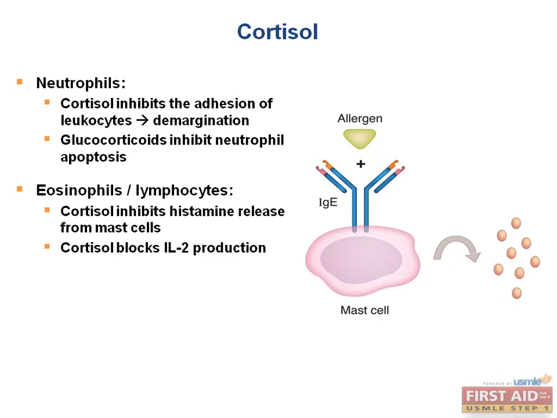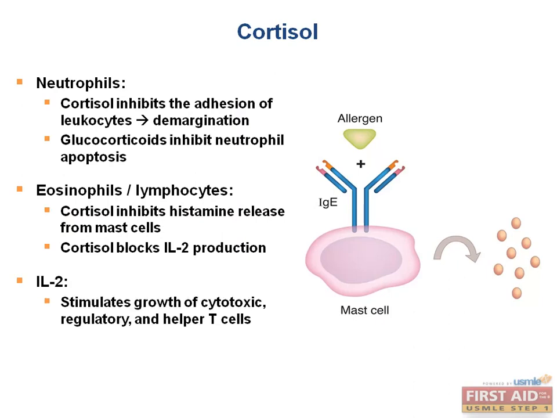Lastly, cortisol will block IL-2 production. Do you remember what cells make IL-2? T cells. And what does it do? It stimulates the growth of cytotoxic, regulatory, and helper T cells. Perfect. If you didn't remember this, go back to the immunology lectures and review the cytokines and the cells that produce them.